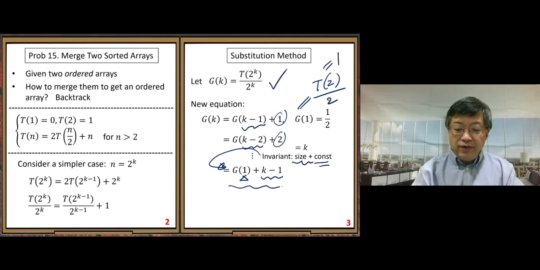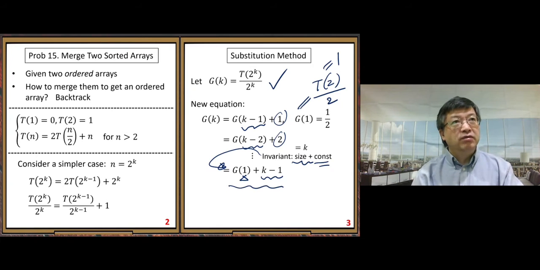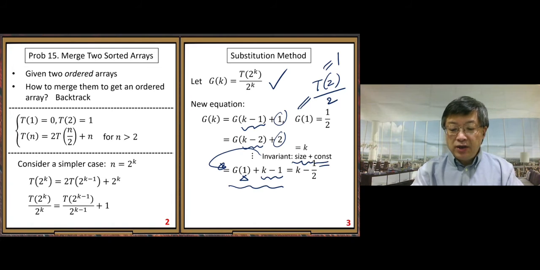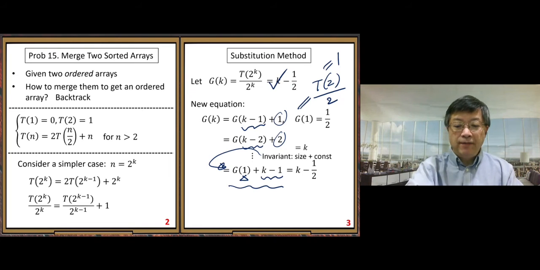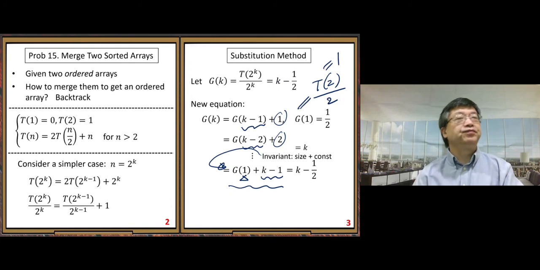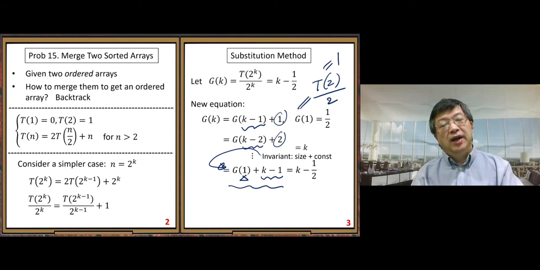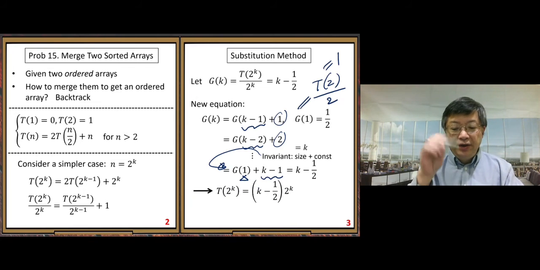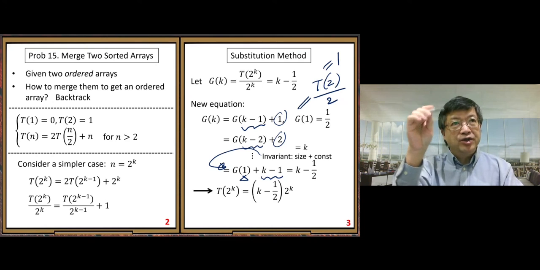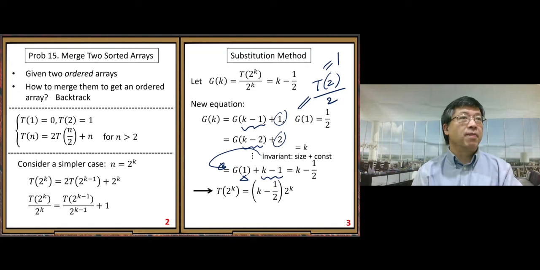With this last expression, we plug in g of 1 equals 1/2, and we get g of k equals k minus 1/2. Then we can write T of 2 to the kth equals, in parentheses, k minus 1/2, whole thing multiplied by 2 to the kth.